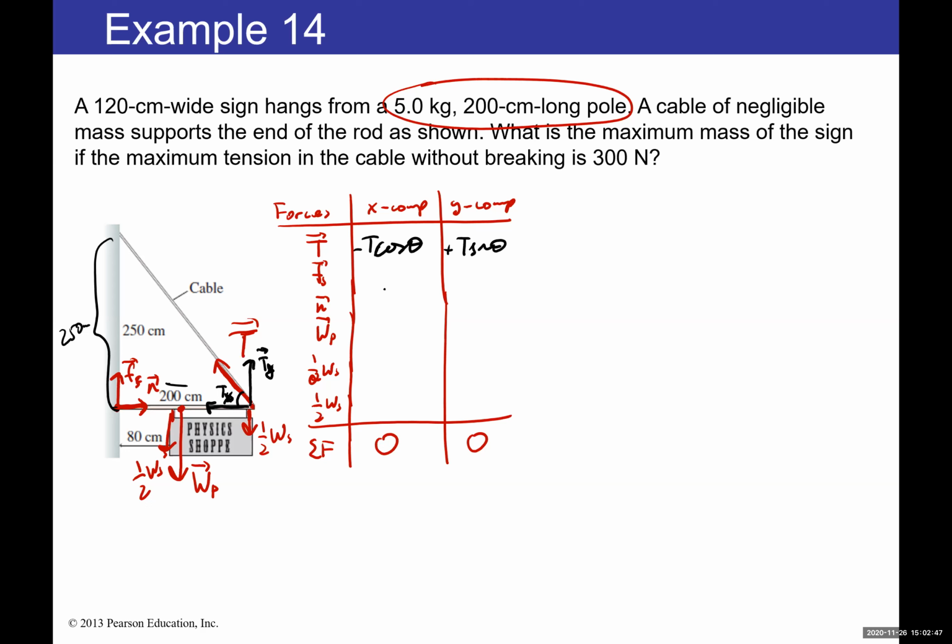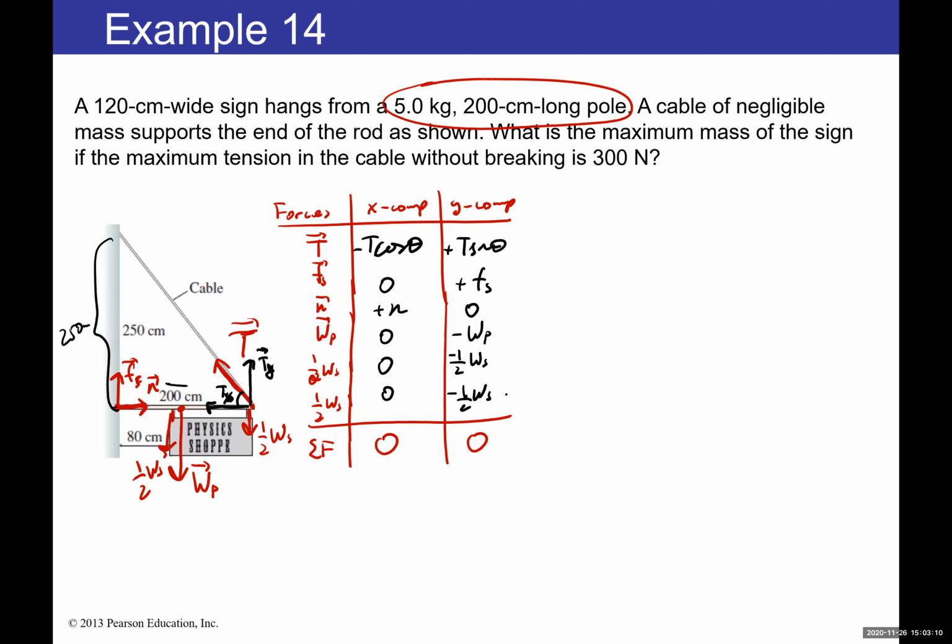Static friction has no x component, acting in a positive y direction. Normal force is acting in a positive x direction, has no y component. Weight of the pole is acting in a negative y direction. Then half of the weight of the sign, both are basically negative.